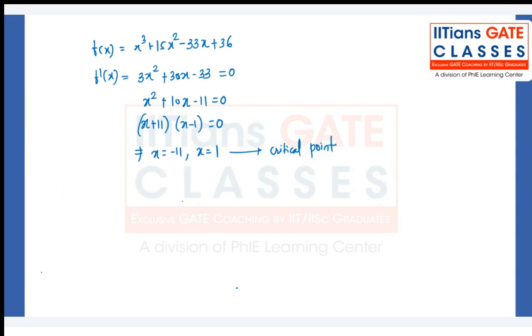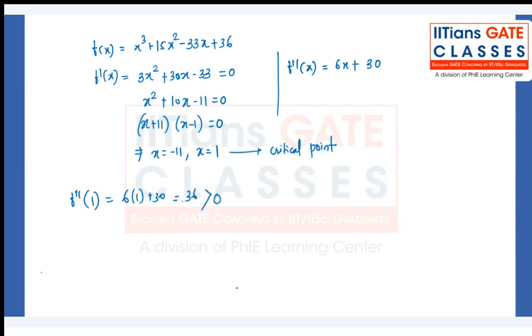Now let's calculate the double derivative of the function. f double dash of x will look like 6x plus 30. And at these critical points, let's calculate the double derivative. f double dash of 1 will be 6 times 1 plus 30, which is equal to 36, which is greater than 0.